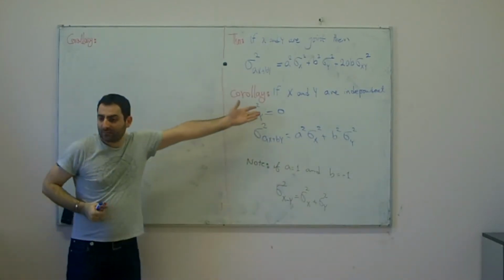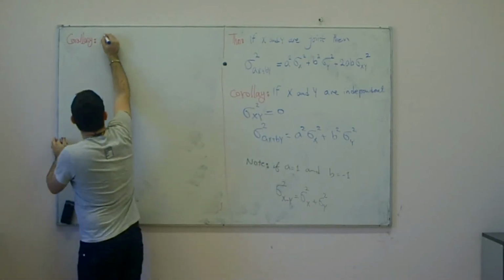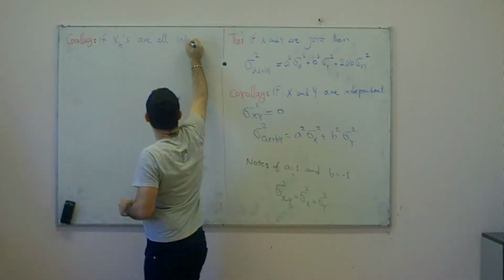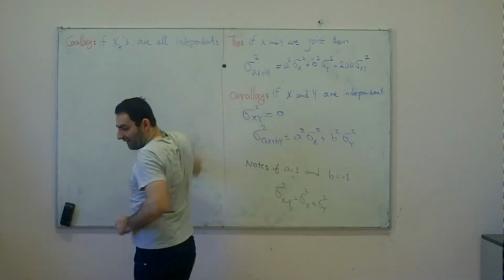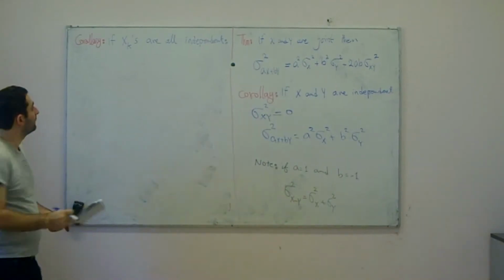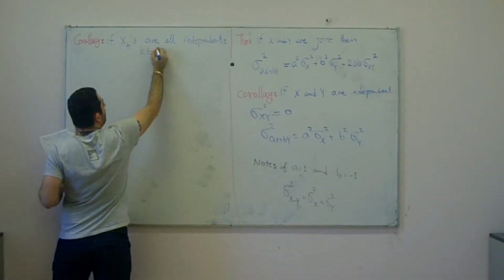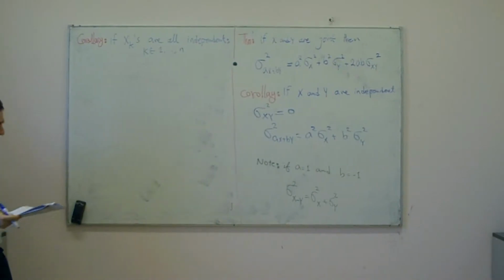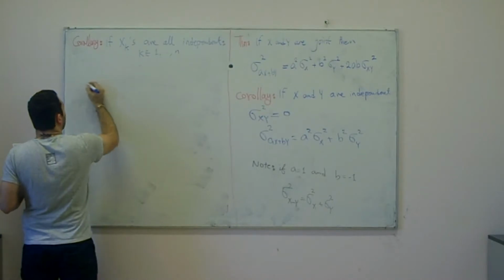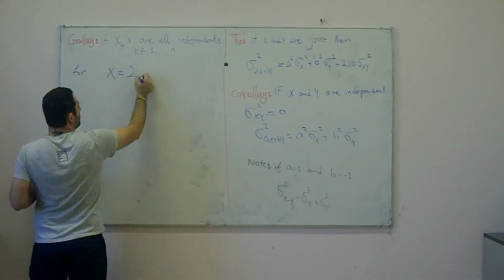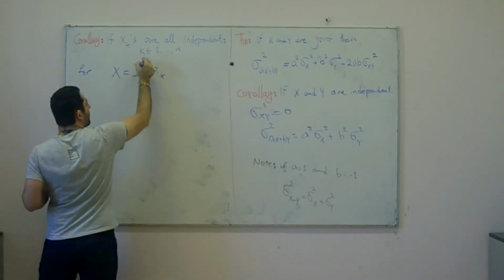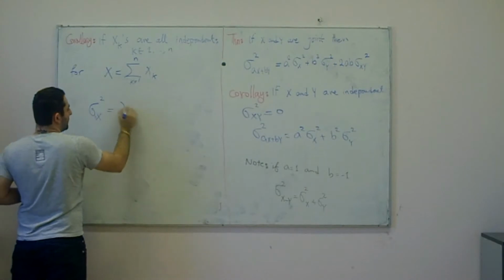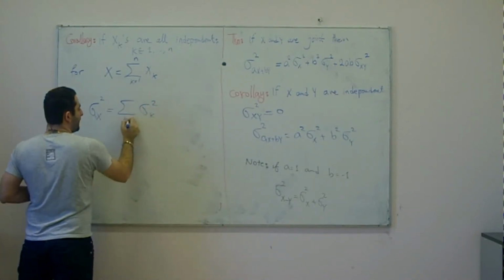If we have k random variables, and k belongs to 1 till n, and all our random variables, lots of them, are independent, then for x to be the addition of all of them, the variance of x is the summation of all the variances.